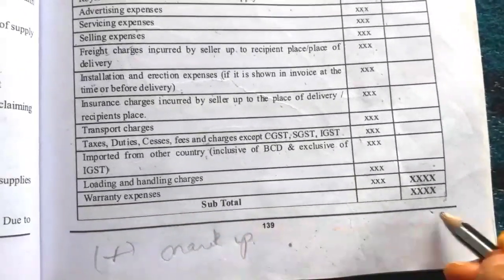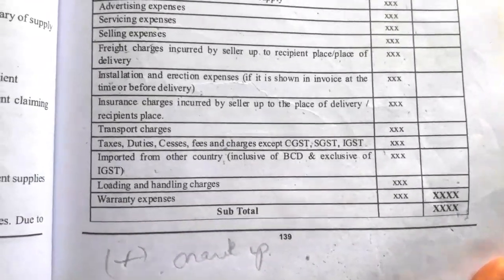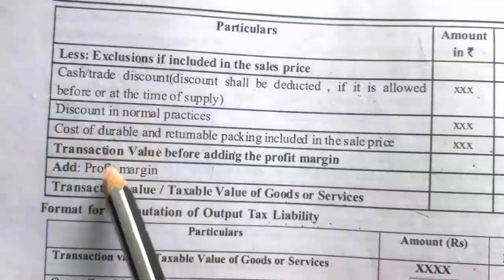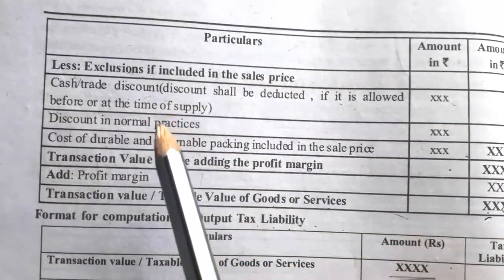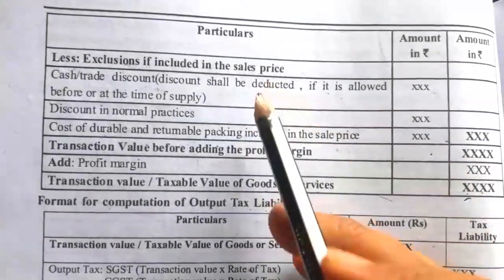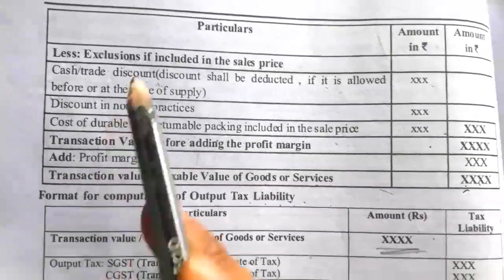After that, the third step is we have to deduct the exclusions. If there is a cash discount, trade discount, or any cost of durable returnable packing, then we have to deduct these exclusions. After that we have to add the profit. Okay, so this is the order.